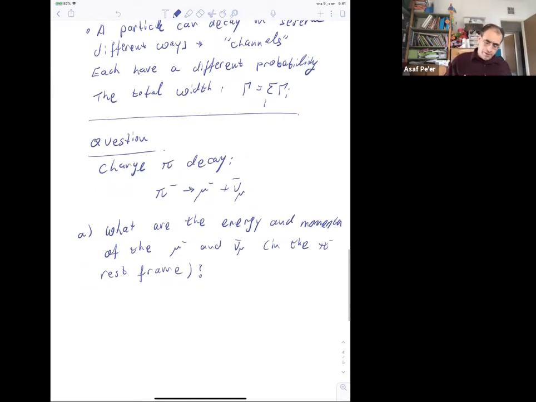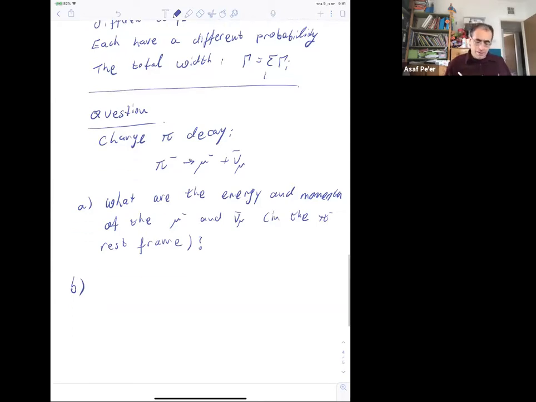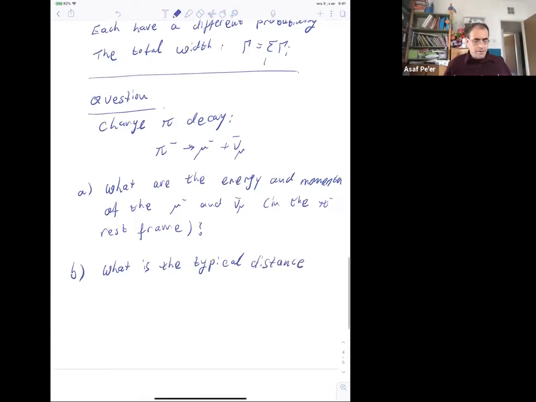And part B would be: assuming that the decay occurs in a vacuum, let's say not in space, let's say it happens at CERN on a daily basis, what is the typical distance the muon will travel before it decays itself?